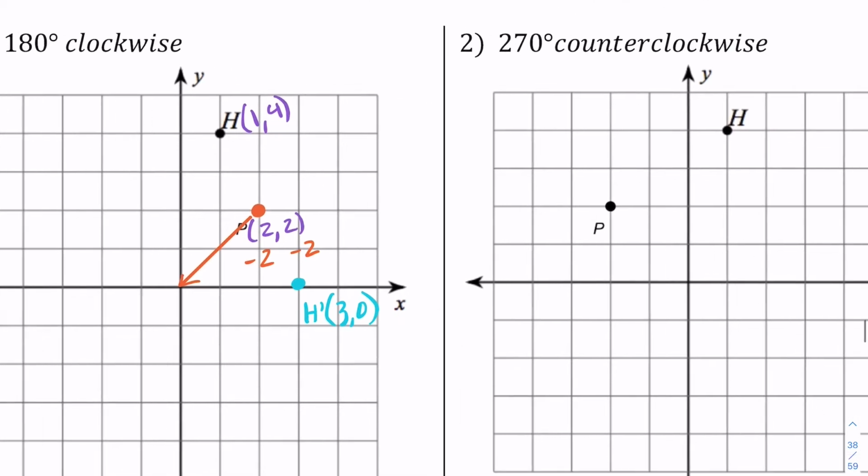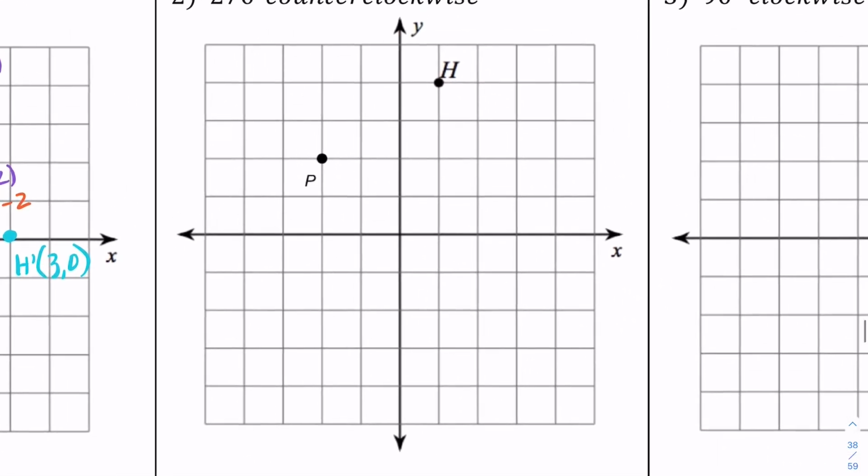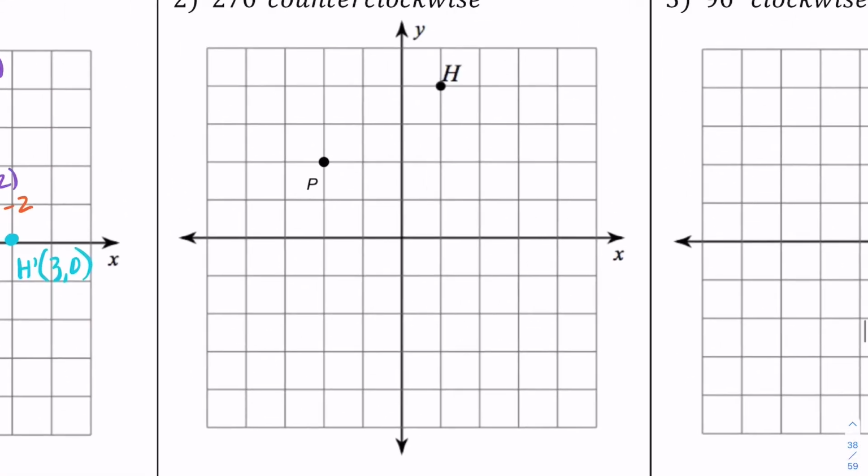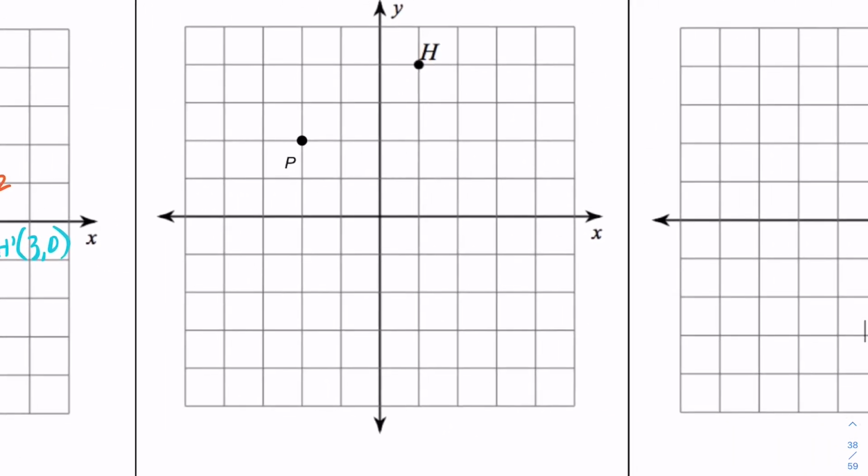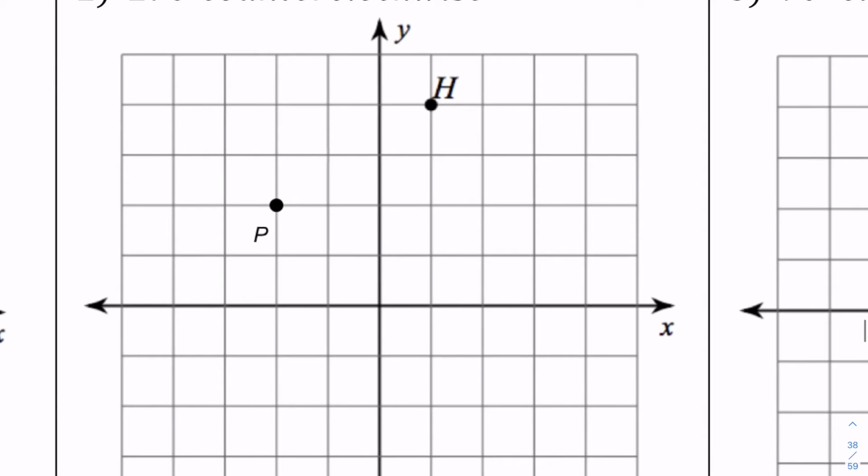All right, let's do another one. We can keep the colors consistent. We have H at 1, 4. We have P at negative 2, comma 2. How far would it be to move this back where it belongs?